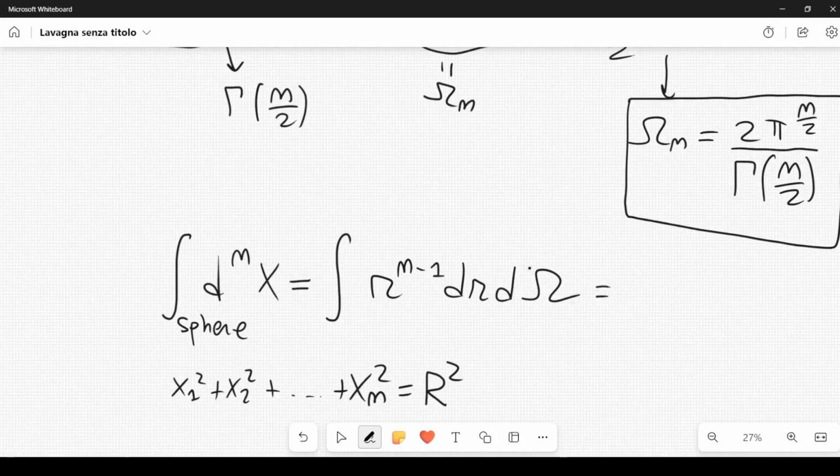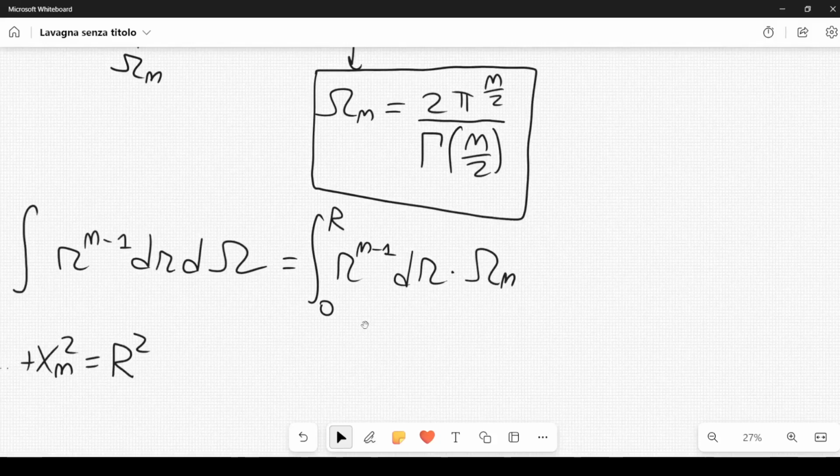And since omega does not depend on r, you can integrate over r. So when you integrate over r, you integrate from 0 to capital R. So you have integral from 0 to capital R, the radius of the sphere, r to the power n minus 1 dr. And then when you integrate d omega, you just get omega sub n, like this.